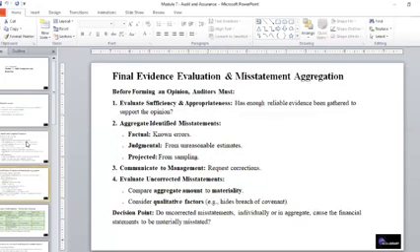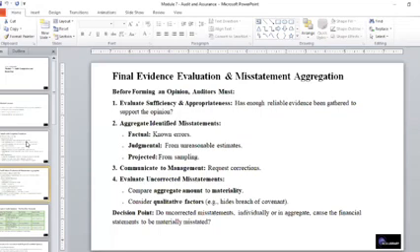As per the final evidence evaluation and misstatement aggregation, before forming an opinion, the auditor must perform the following. The first is to evaluate sufficiency and appropriateness, which deals with whether enough reliable evidence has been gathered to support the opinion.